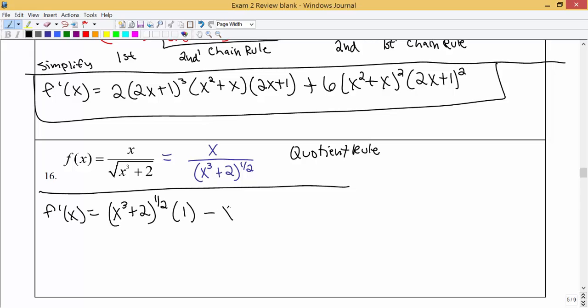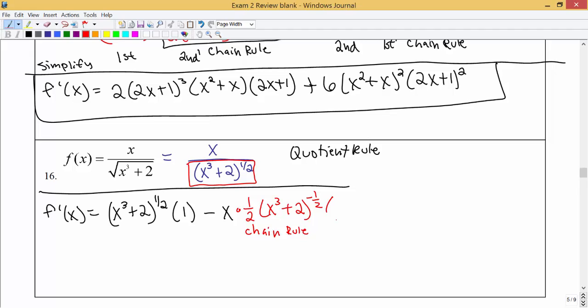minus the numerator. So I'm looking for the derivative of the denominator. Of course, we have a group of terms raised to a power. So that's the chain rule. Okay, so we're going to multiply by the power. We're going to bring that power 1/2 out to the front. We're going to write the inside function as is, reduce the power by 1. 1/2 minus 1 would be -1/2.